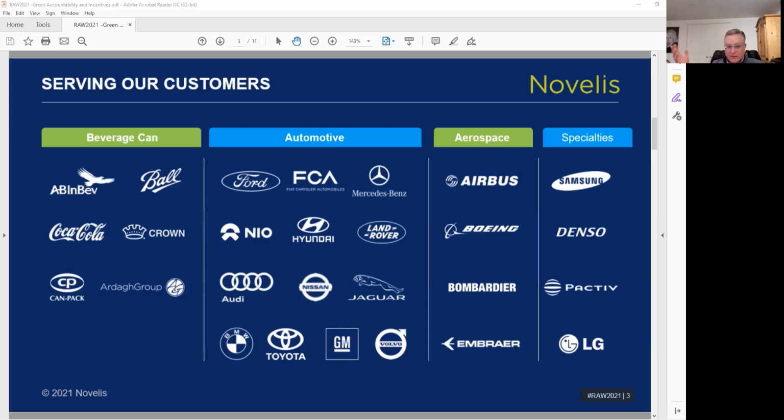Aerospace is a completely different type of alloy, as well as there's another range of alloys that are used in the specialties vertical. So there are a number of different products that we have, and each of these products require different amounts of energy to create. They each have their own sort of contribution margin back to the company. And we also negotiate different prices for our products.